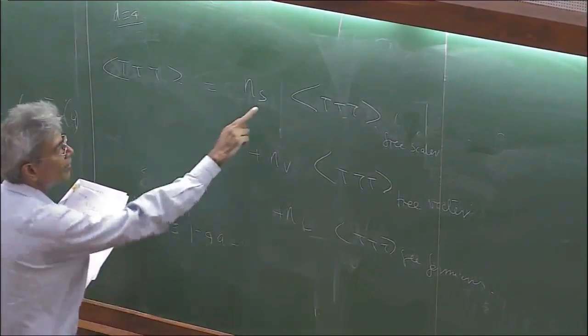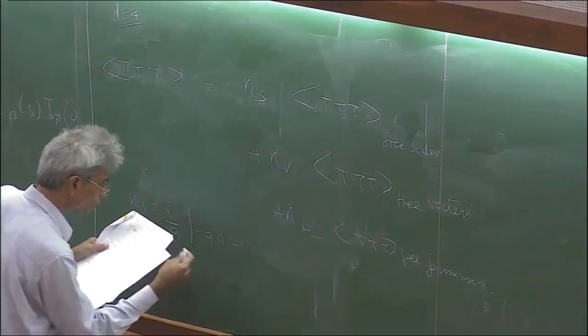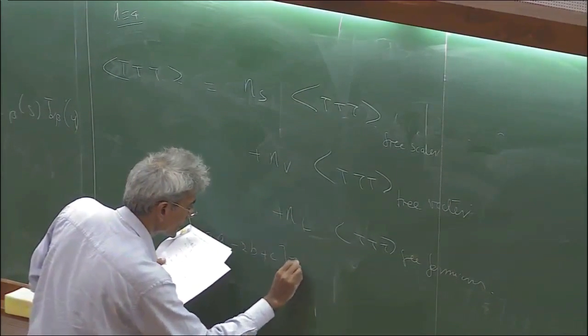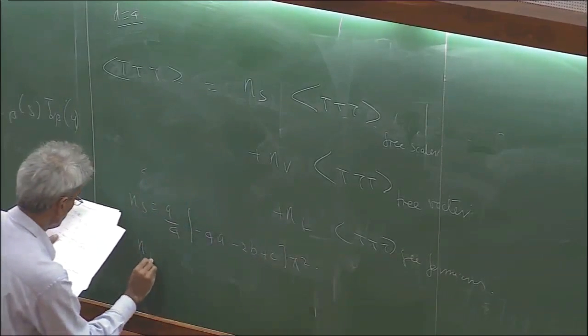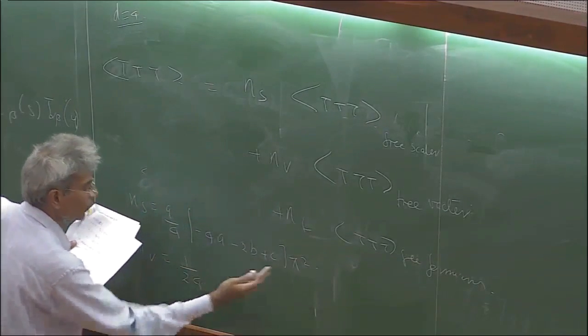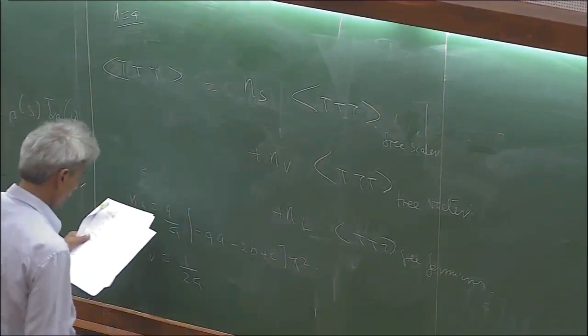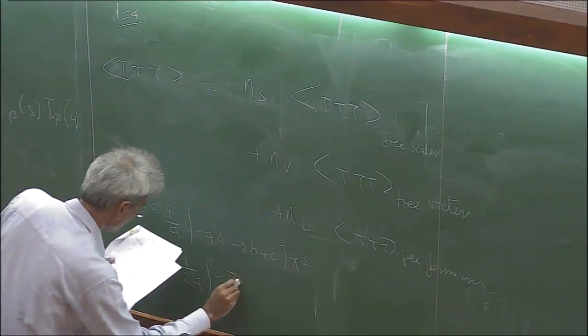And you can relate these numbers to some coefficients which are more useful for writing these relations, which I'm going to write down. There's a linear relation between these A, B, C and N_s, N_v, and N_f. So I'm just writing the relation.